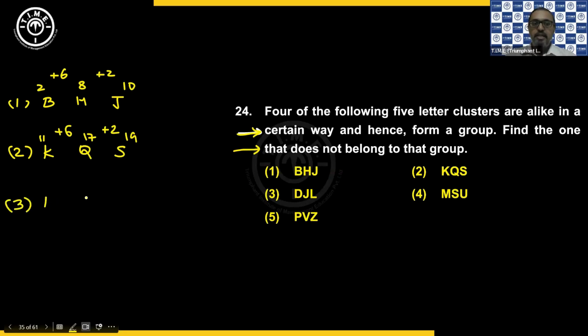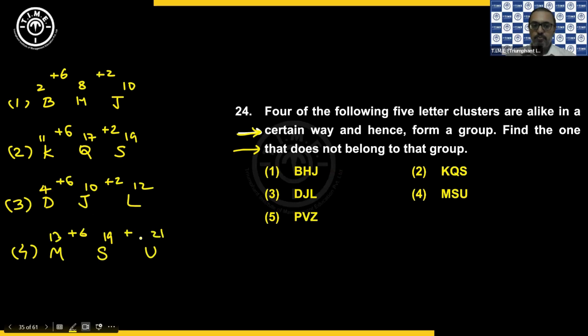Then third option we have D, J, L, which is 4, 10, 12. So here again I'm getting +6, +2. Okay. Then fourth option M, S, U, so 13, 19, 21. So again we have +6, +2. Okay. Then in the fifth option we have P, V, Z, 16, 22, and 26.